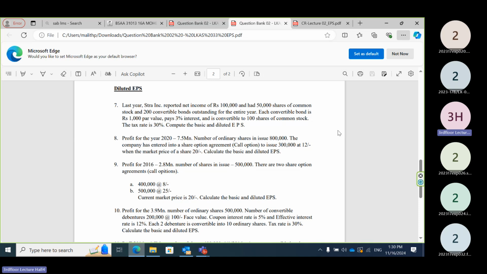There's a clear guidance. What are the expansion criteria? So then I thought yes. Option issue. We have a clear number of shares, and then at 12, the market price of 20.